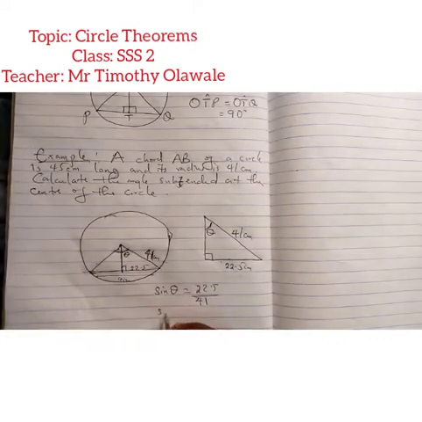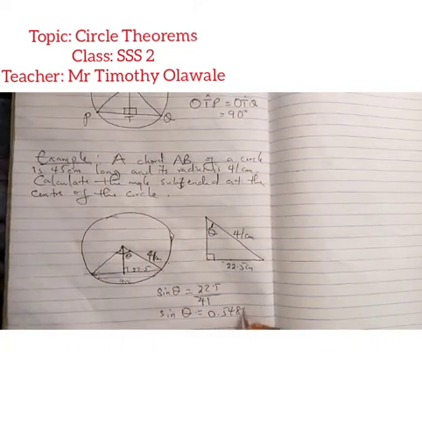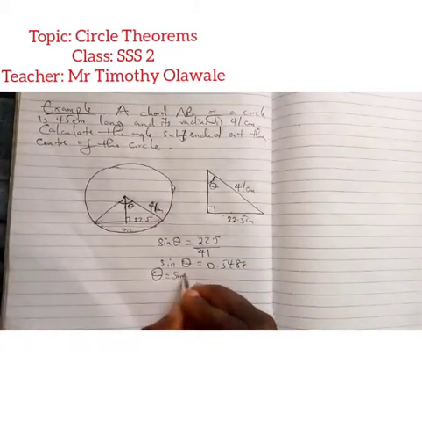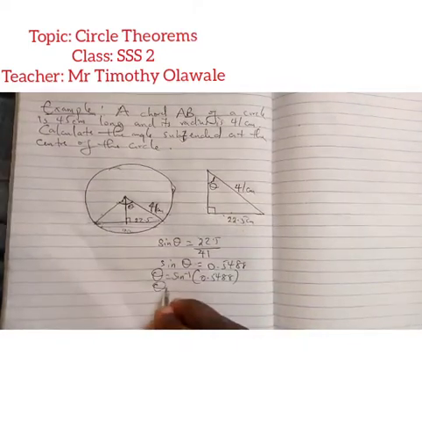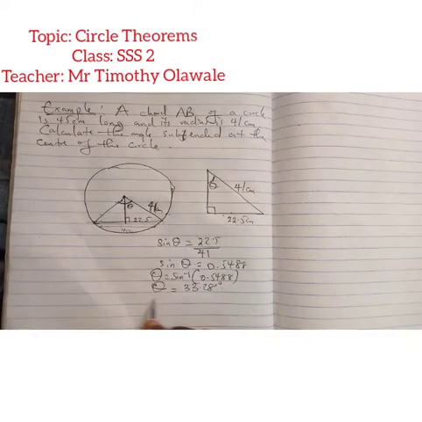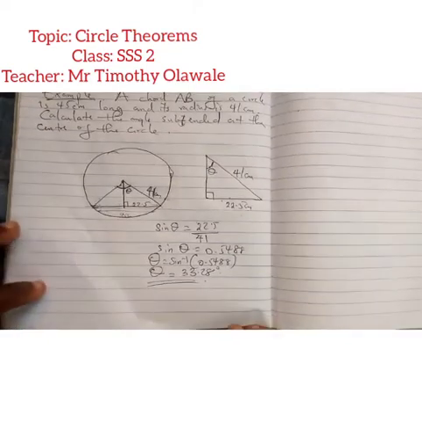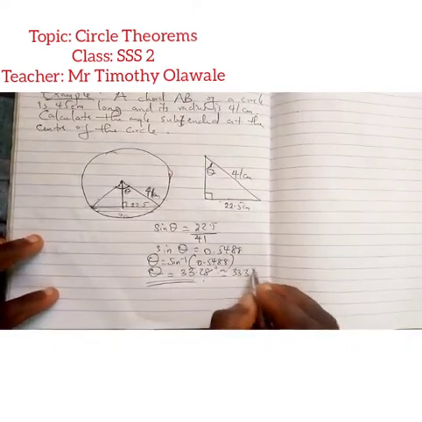If you use your calculator, sine theta equals 0.5488. So theta equals sine inverse of 0.5488, which is 33.28 degrees. That's theta, but that's not the angle we're looking for. We can approximate this to 33.3 degrees.